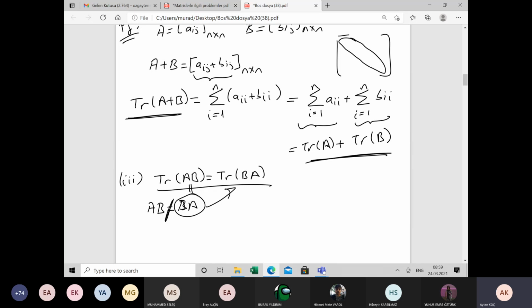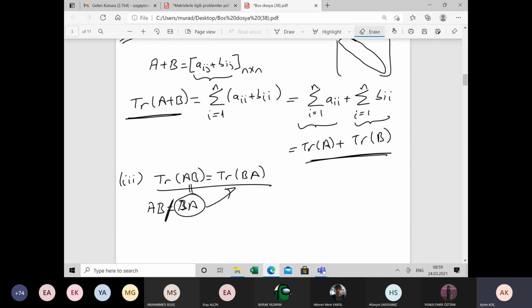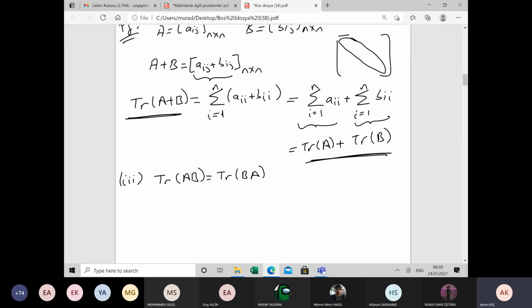But this is not true. AB is not equal to BA in general, because we claim that this equality is valid for all matrices A and B, not special matrices. Also we know that multiplication is not commutative, so it is not easy to see that this is true.